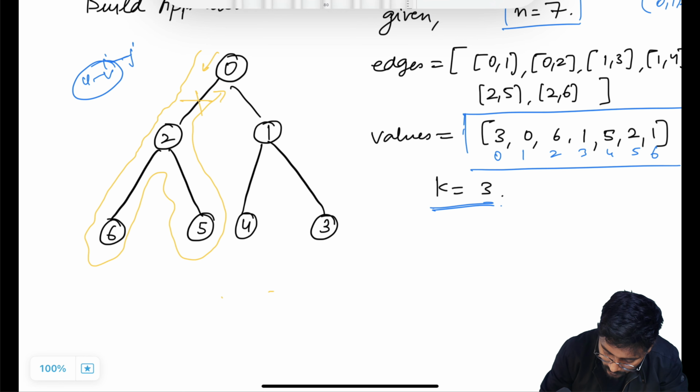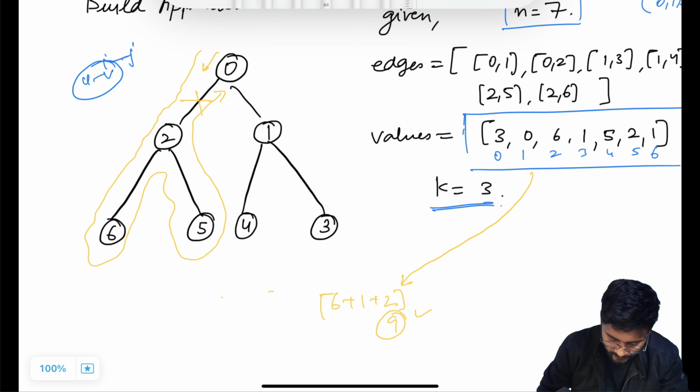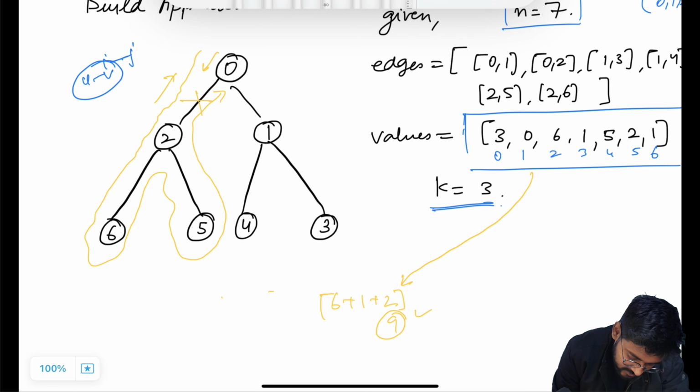Node 2 has 6, node 6 has 1, and node 5 has 2. These values are coming from the values array, and 6 plus 3 is 9. So this is returning 9.